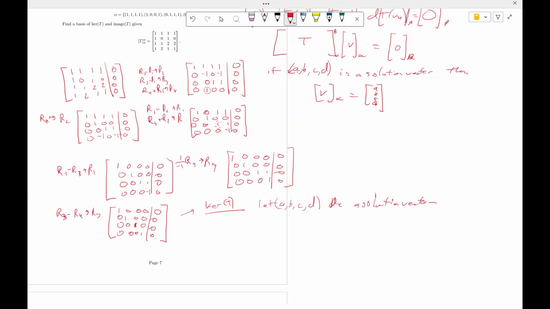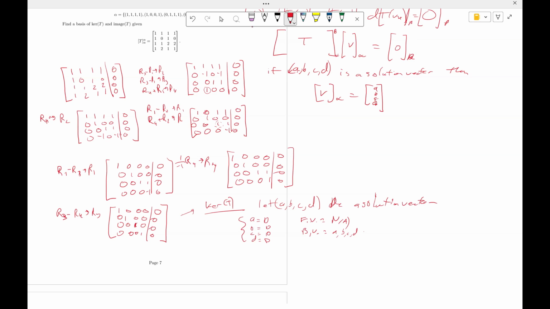What we have is a equals 1, b equals 1, c equals 1, and d equals 1. Our free variables, there's none. And our basic variables, we have a, b, c, and d. So from here, a equals 0, b equals 0, c equals 0, and d equals 0.